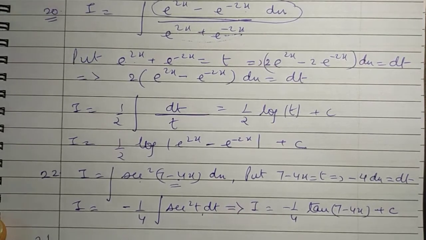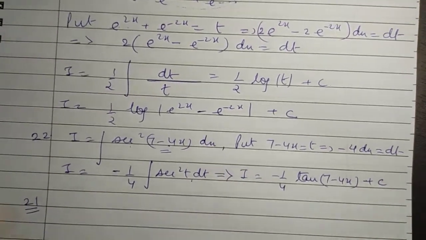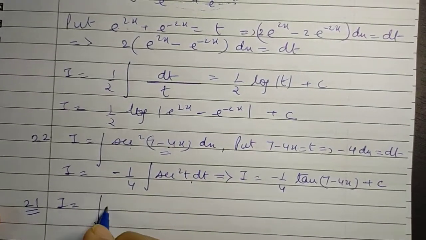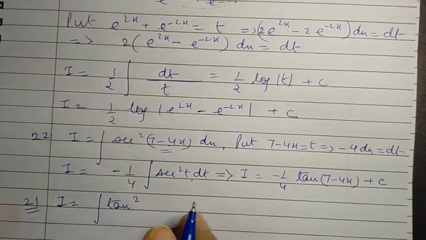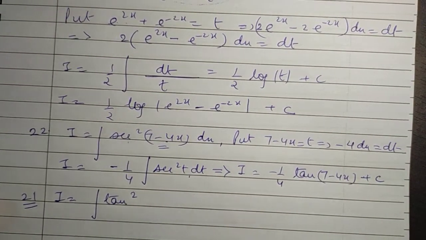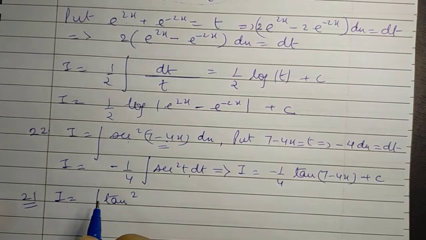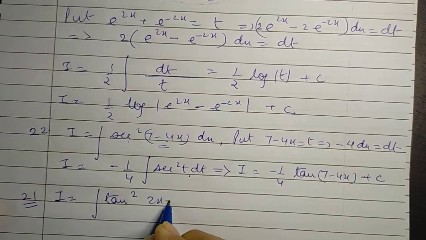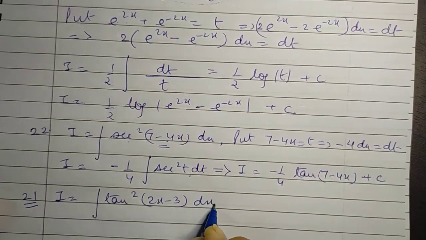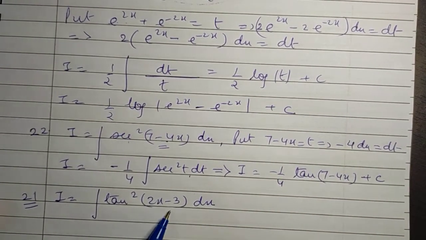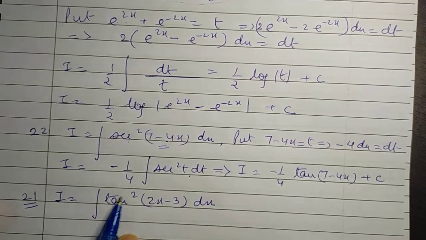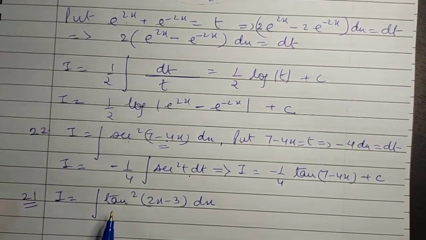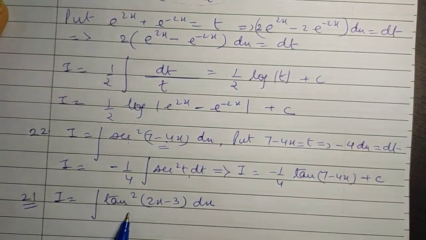Now observe 21. 21 is a similar question, but you have to write it in a form suitable to us for integration. So what is it? Tan squared of 2x minus 3 into dx. This is also a function of a function, but we don't have any result for the integral of tan squared x.